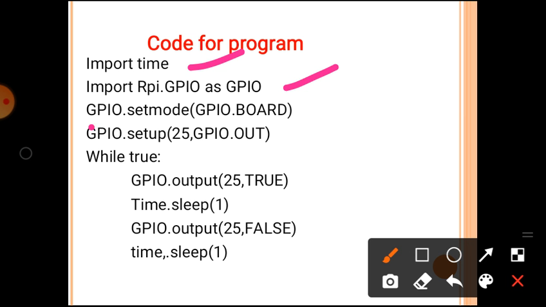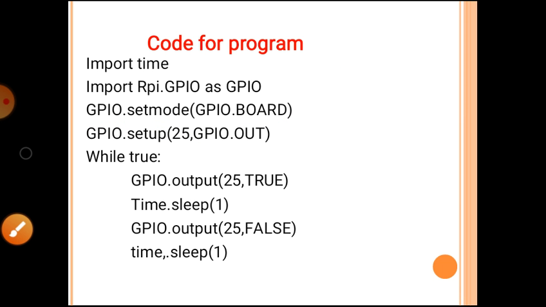So here GPIO.setmode(GPIO.BOARD). That means the numbers used for GPIO pins are board pin numbers. Then set up that GPIO as an output pin.